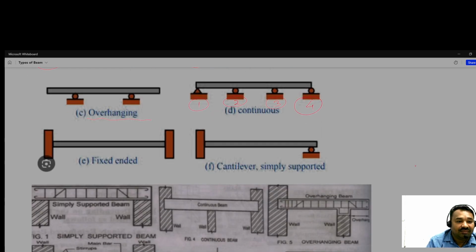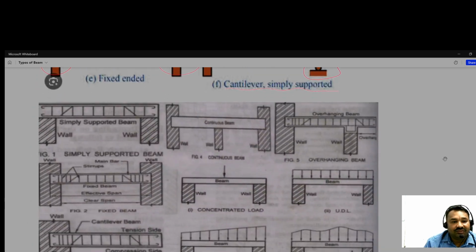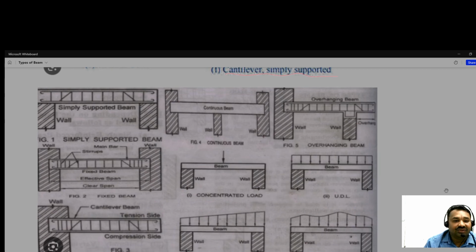Okay, fixed beam, this end is fixed, and this is also fixed. Cantilever support, simply supported. Okay, now you can say cantilever में क्या होता है, one end is fixed but the other end is supported by roller. और इसी को एक दूसरे तरीके से विजुलाइज करते हैं.